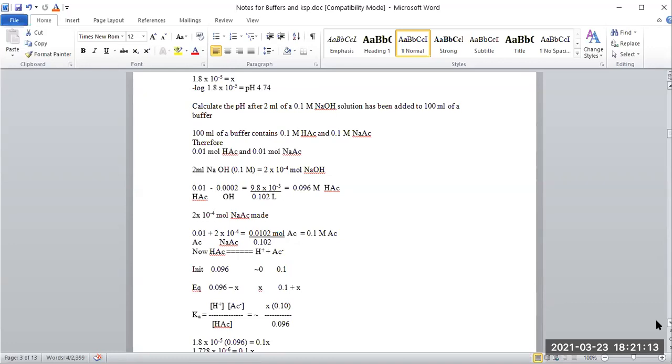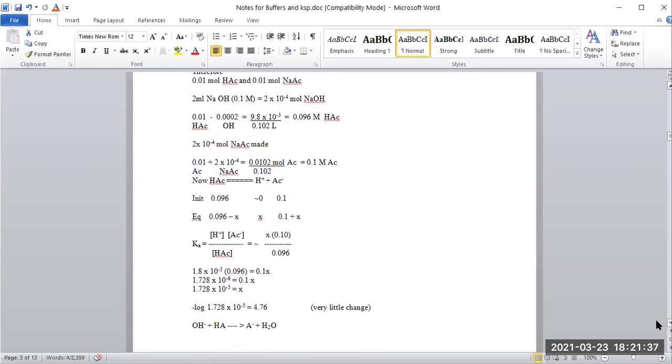Even though I changed the volume, I also made a little more stuff. I made a little more sodium acetate. So I actually end up with the same number again because those two things kind of canceled out. Doesn't always happen, just happened to for this example.